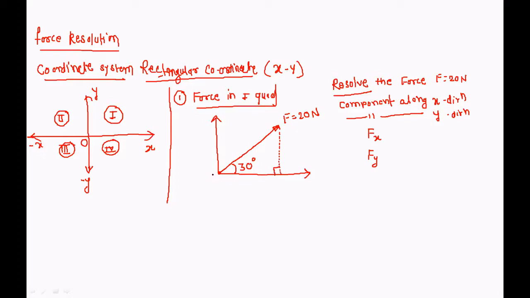Suppose this is the origin O, this point is M, and this point is P. So in this right angle triangle OMP, this adjacent side will be your x component.